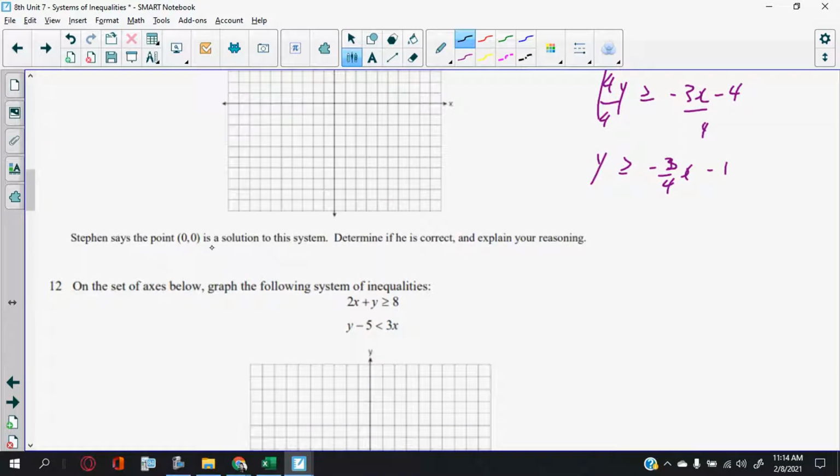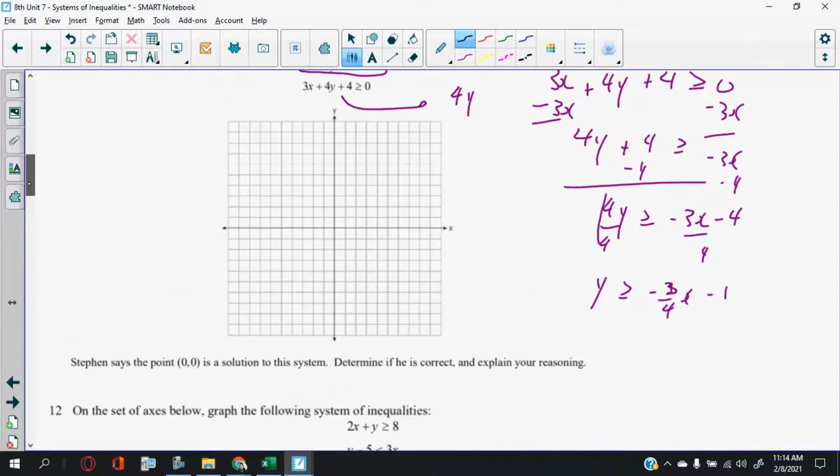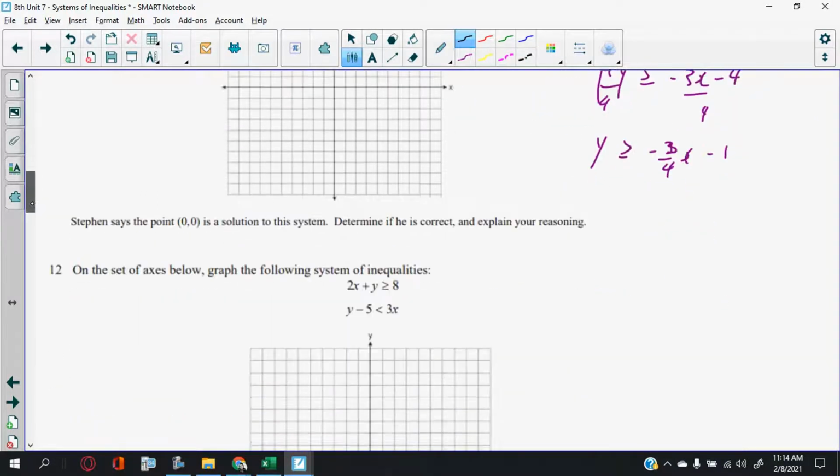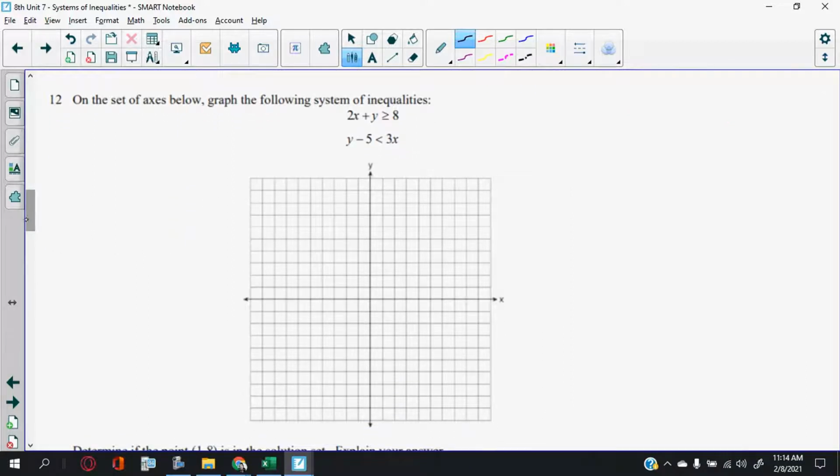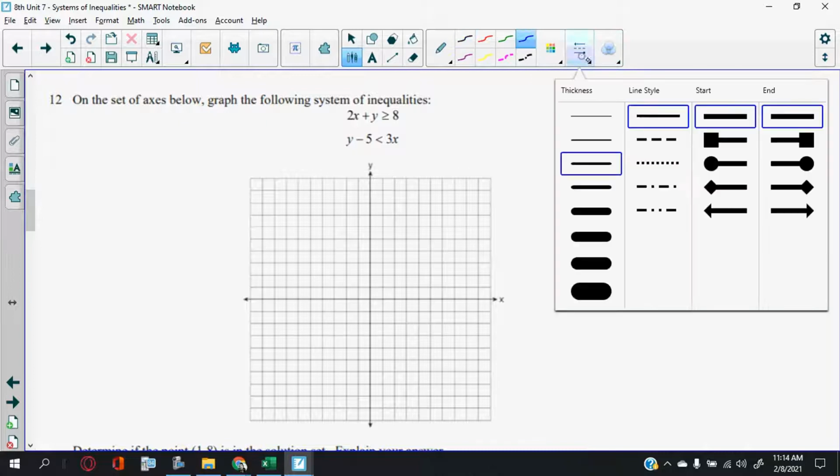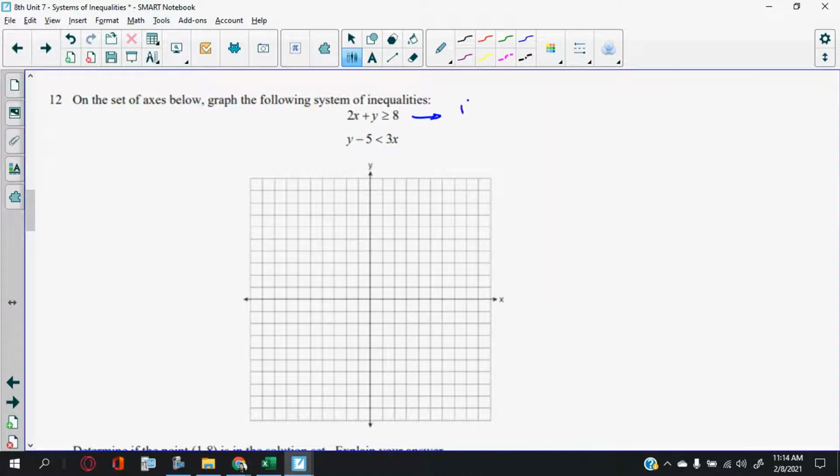Then it says is 0, 0 a solution to the system, and then you can answer. For 12, same thing here. You have to turn that into slope intercept form, and so does this one. And then you graph it, and so on and so forth.